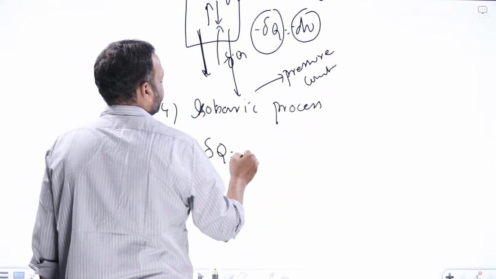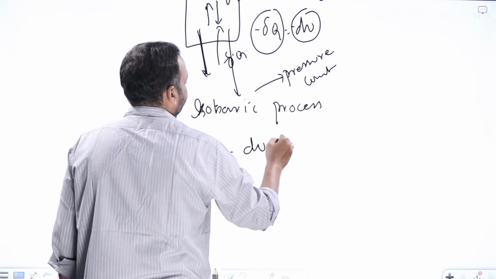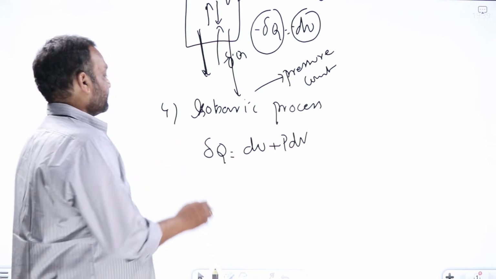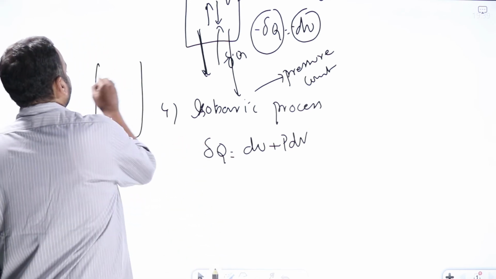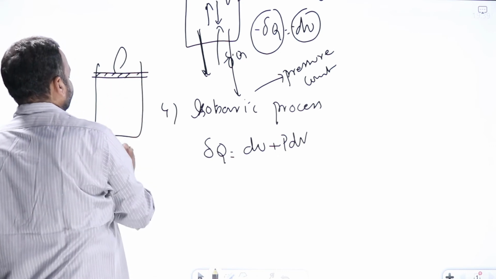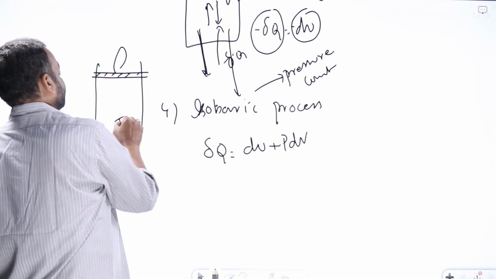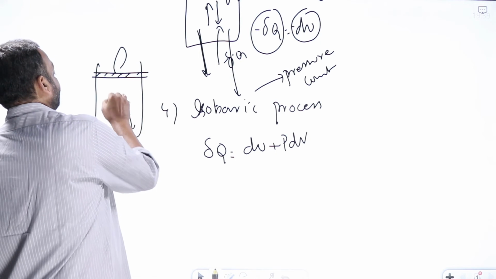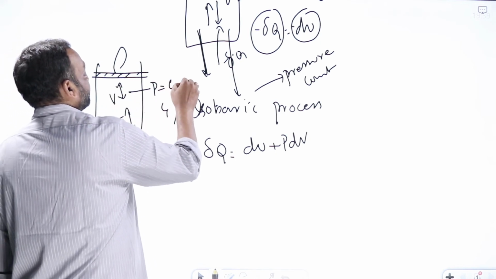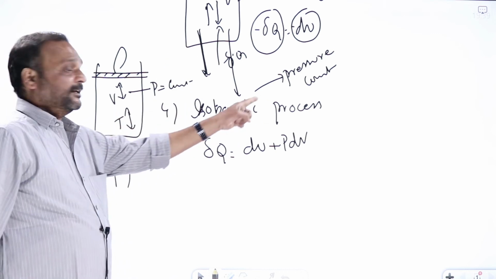Delta Q equal to dU plus PdV. Now if I take a process in which I'll be heating the gas or cooling the gas, whatever it is, but I'll see to it that its pressure remains constant. Its temperature may change up or down. Its volume may increase or decrease, doesn't matter, but its pressure should always remain constant. Such a process is called an isobaric process.